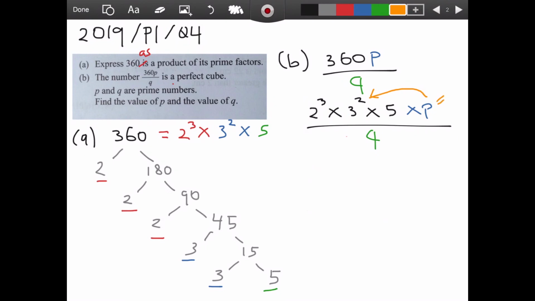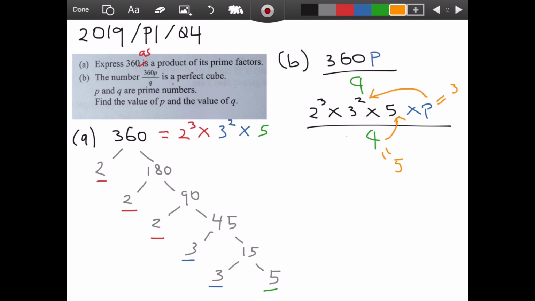If we convert this into a 3, and we multiply it by 3 to the power of 2, we get 3 to the power of 3, right? And q, if we make this equal to 5, and we divide it into the 5 in the numerator, we will get 5 to the power of 0. And 5 to the power of 0 is essentially equal to 1. We don't have to write that down, right?